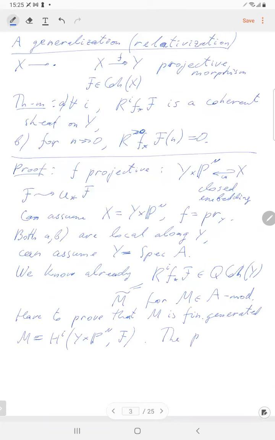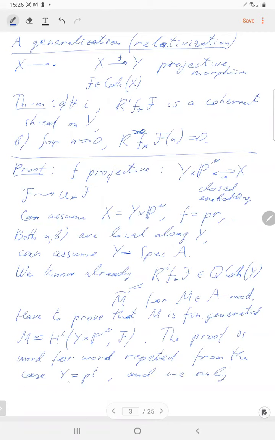Okay. So the proof is repeated word for word from the case when Y was a point, and we only have to know that there is a short exact sequence like there.